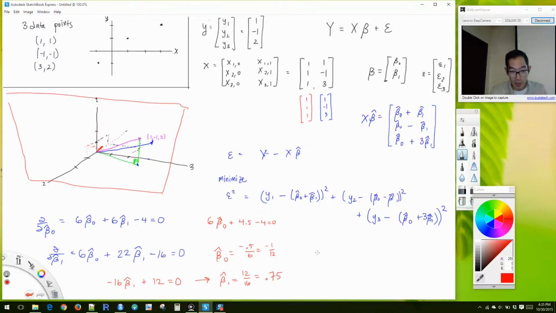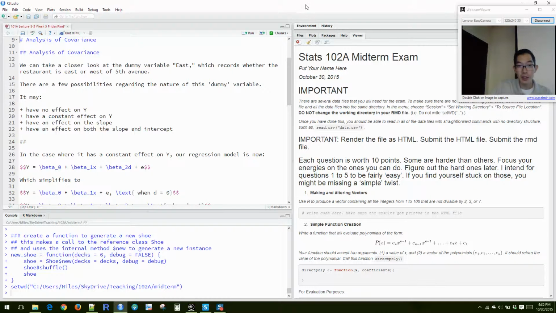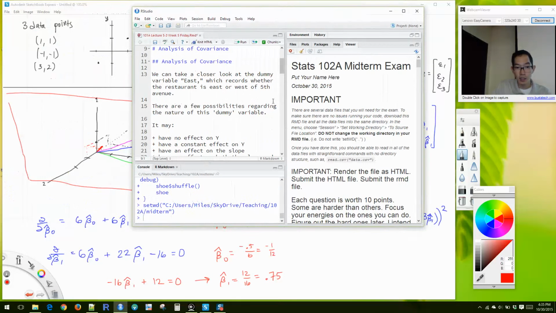All right, and so we can verify this in R. So I can say x is equal to, what was x? X is 1, -1 and 3, and y is 1, -1 and 2.